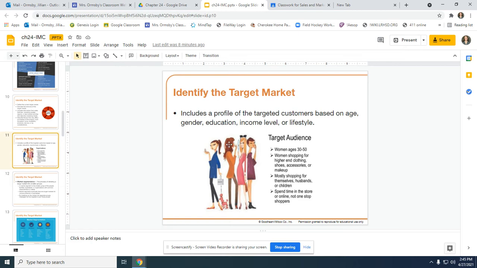So you can see here is an example of a profile of someone in your target market. Women ages 30 to 50, they like shopping for higher end clothing, shoes, accessories, or makeup. They're mostly shopping for themselves, their husbands, or their children, and they like to spend time in the store or online. They're not one stop shoppers.